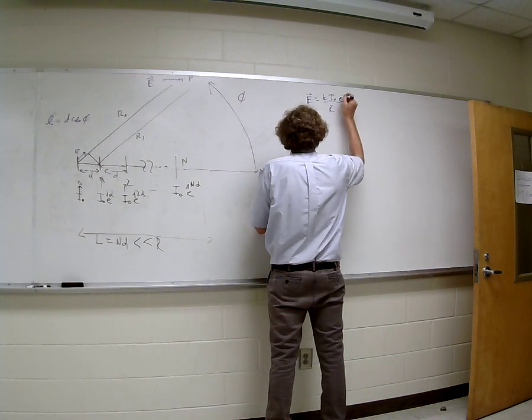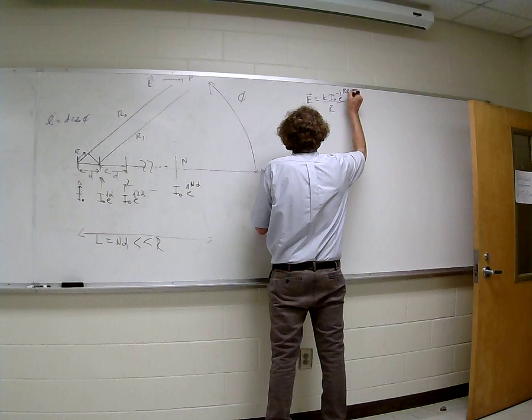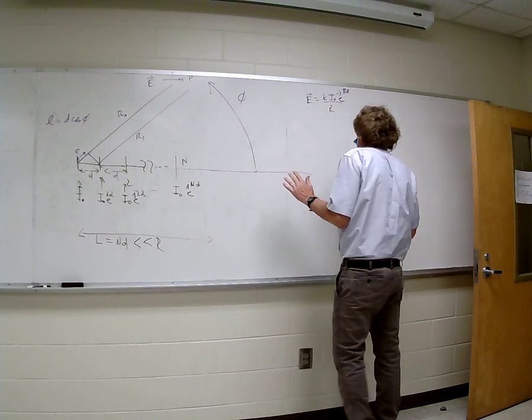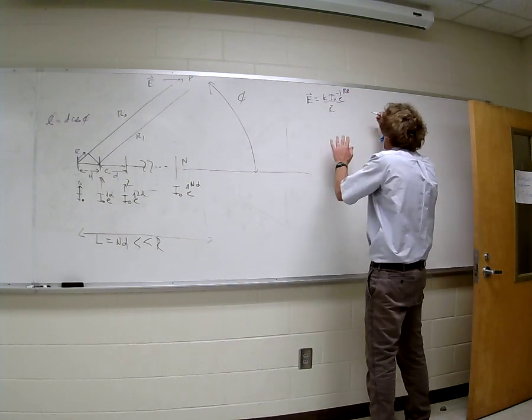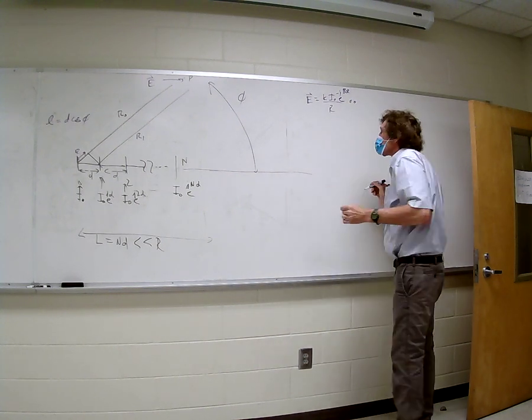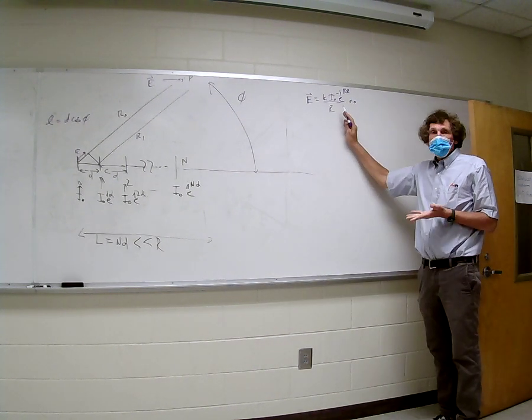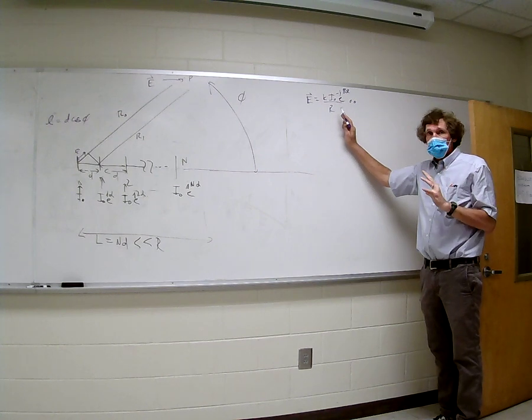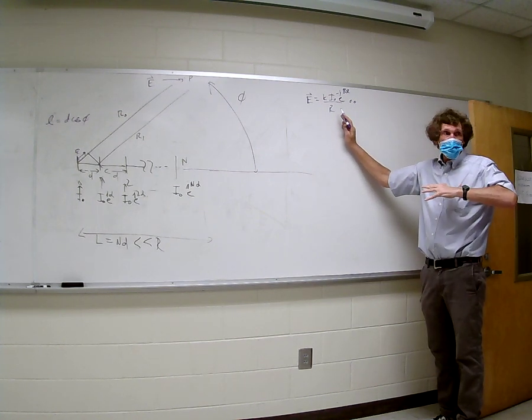And it would be e to the minus j beta r. Don't even worry about a vector direction. If you want to put one in there, put anything. It doesn't matter. You all agree that if I say it's an isotropic radiator, it can't have an angular variation. You with me with the electric field?